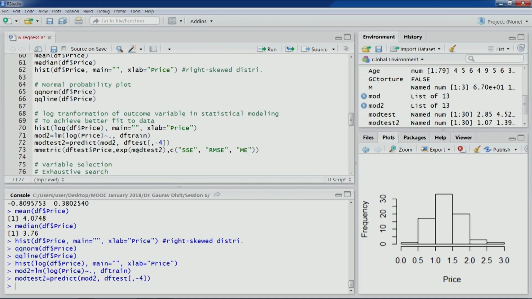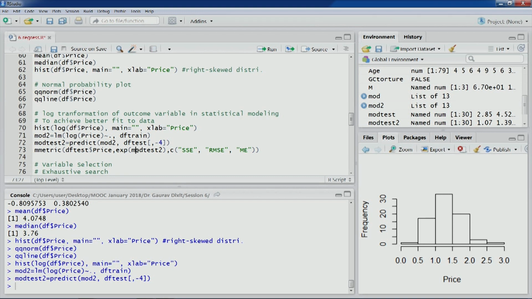the values that we have just computed, mod test 2, we are taking an exponential of that value, because if you remember, we have done a log transformation. So the scores that we would get on the test partition would be on that log scale itself. We need to bring those values back to the regular scale, which is done by applying the exponential function on the scored values.